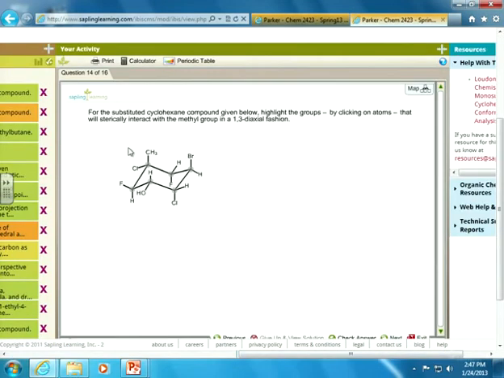Now I know it doesn't say chlorine, but we're going to pretend it does. So chlorine, what position is it in right now? Axial or equatorial? Equatorial. So right now, would it have any 1,3-diaxial? No, so you're technically looking at the ring flip. So when I ring flip, this will go from equatorial to axial.